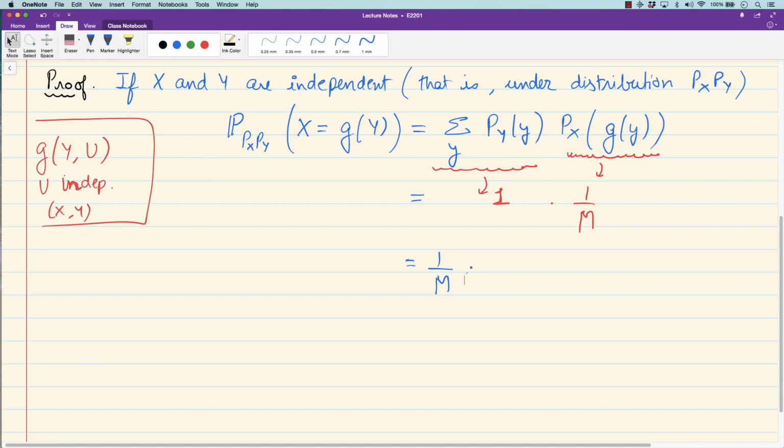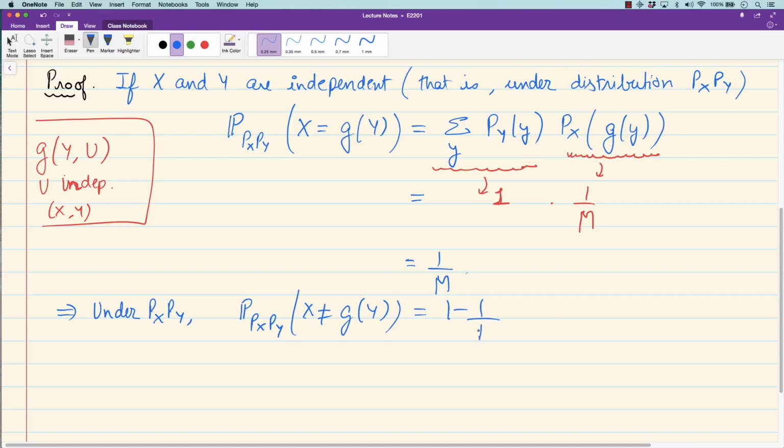So the main idea behind the proof is that if X and Y are independent, then your probability of error, so this implies, under P_X P_Y, the probability of error, X not equal to g(Y), is exactly equal to 1 minus 1 by m.